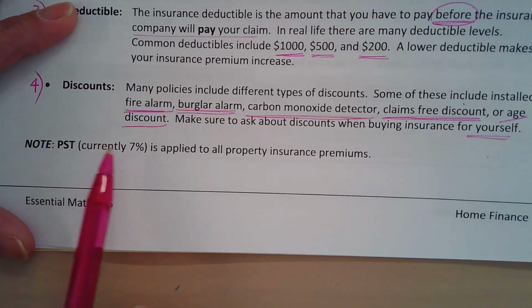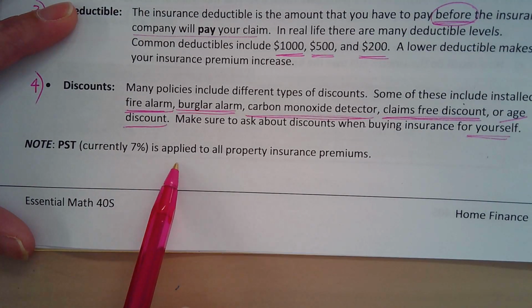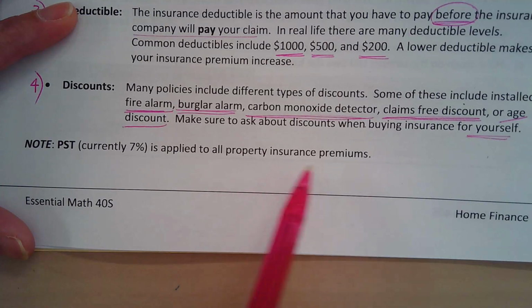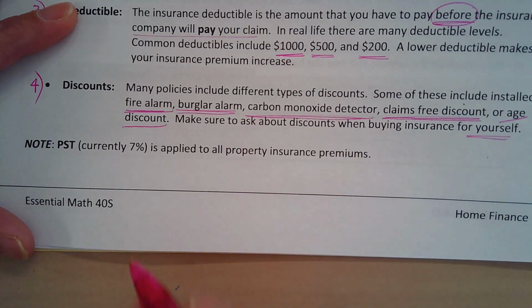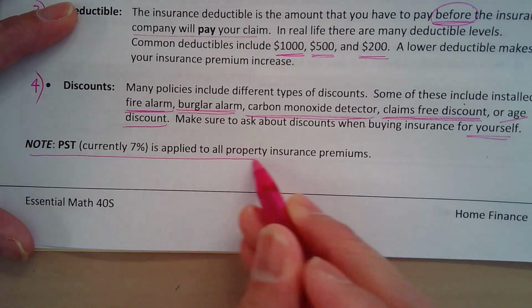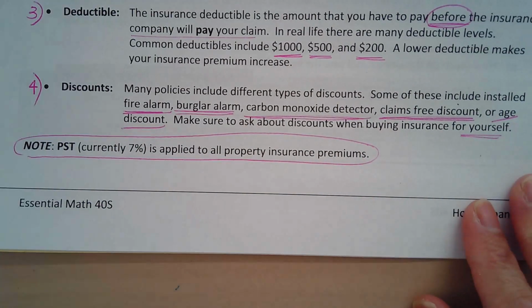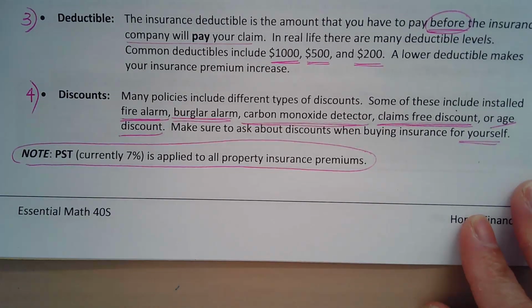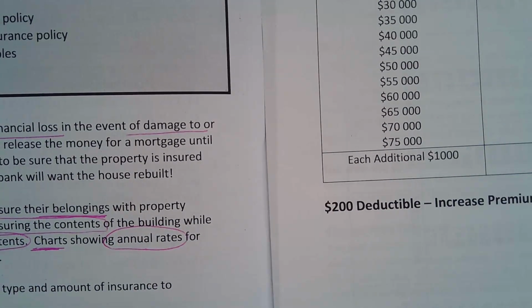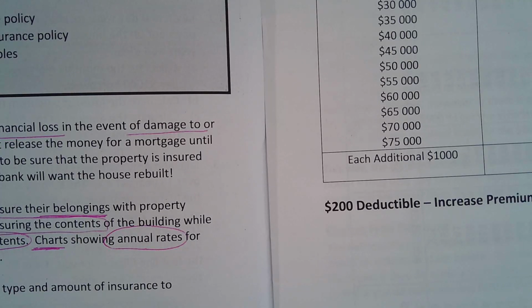So note, currently 7% is applied to all property insurance premiums. So PST 7% is applied to all premiums. No GST. Wouldn't the age discount mean the age of the house?